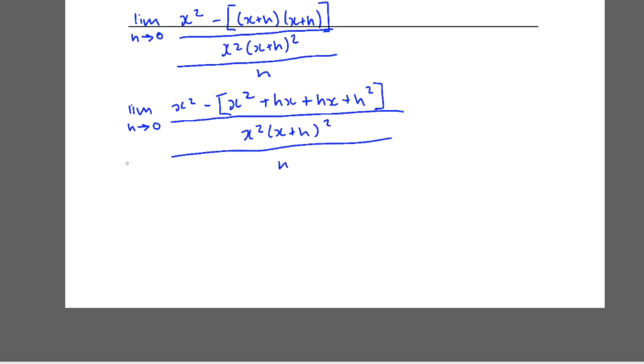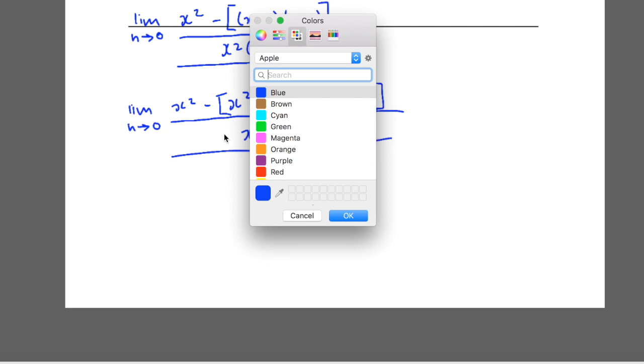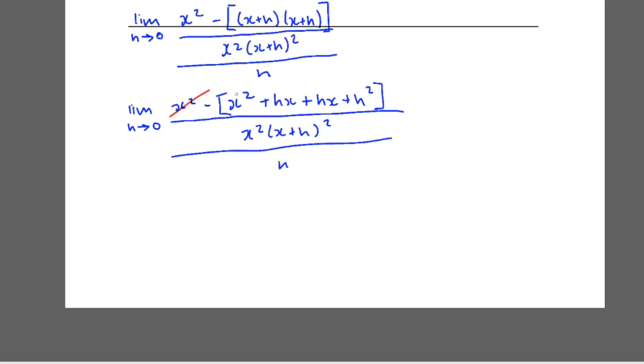Running out of space. Let's see how we can go here. So it's the limit. Well, what we can say is this x squared is going to cancel with that x squared. This hx will become 2hx, and then be h squared on top.